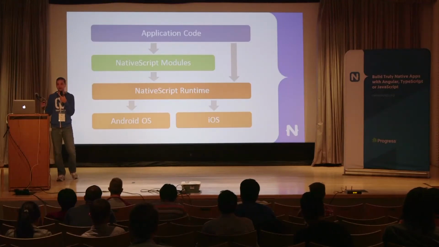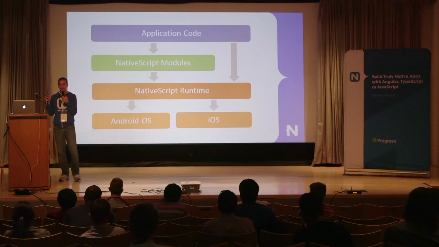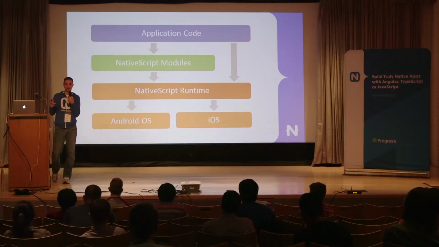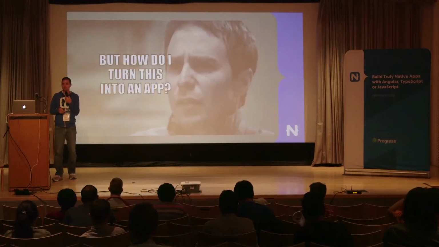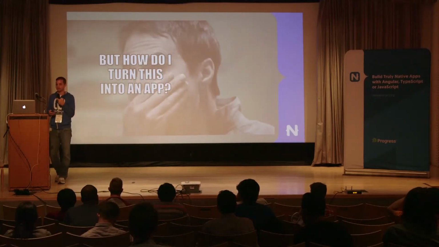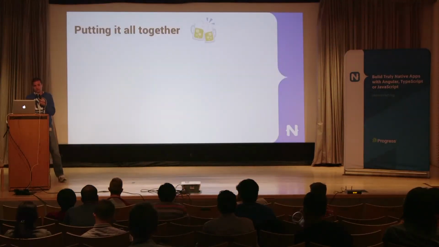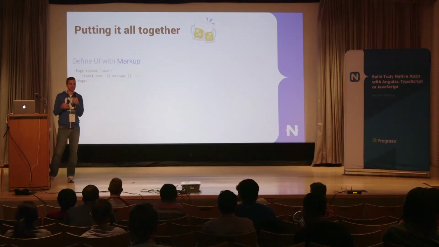And at the end of the day, the NativeScript runtime is going to gather up all that code, regardless of how you've written it, and it's going to spit out native Android and iOS APK and IPA files, right? The native app binaries. So it all sounds good, right? But how do you turn this into a native app? Well, you put it all together: your UI is created with an XML-based markup.